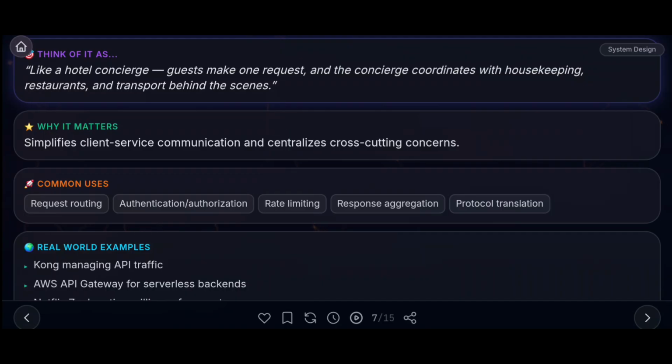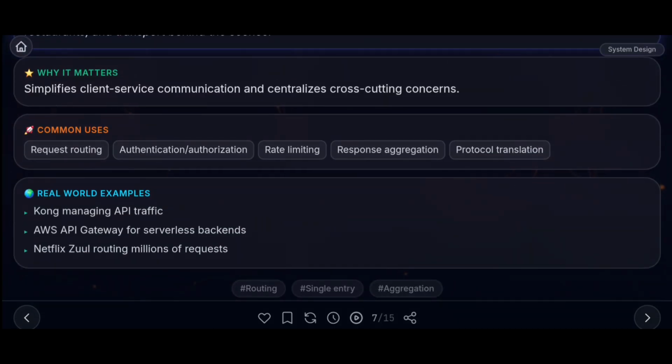Why it matters? It simplifies client service communication and centralizes cross-cutting concerns. Some common uses: request routing, authentication and authorization, rate limiting, response aggregation, and protocol translation.